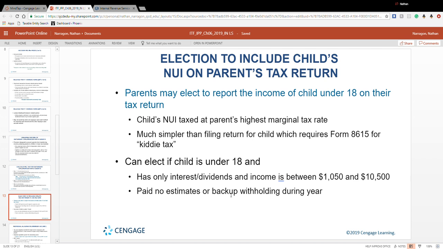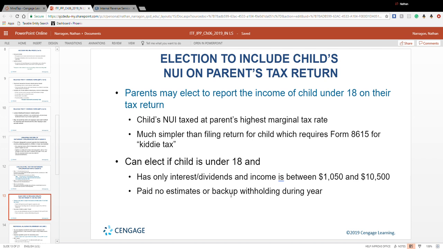But this is only on unearned income. If the child does make money, like they got hired at Pizza Hut or some small business, and they make a wage, they have to file their own tax return to claim a refund. But parents do end up claiming the kiddie tax.